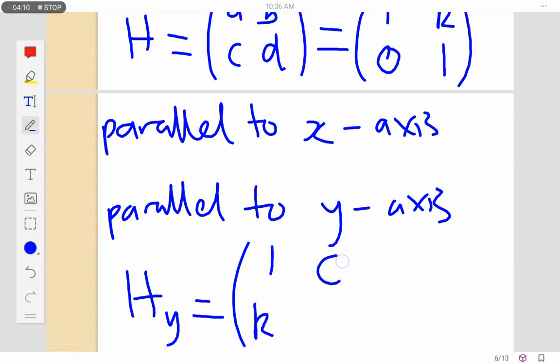We interchange the k's there. So this is for when we are shearing parallel to the y-axis. Okay, so this is what we have. Let's have an example.